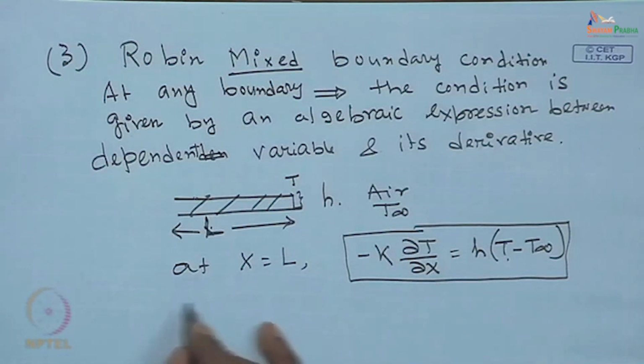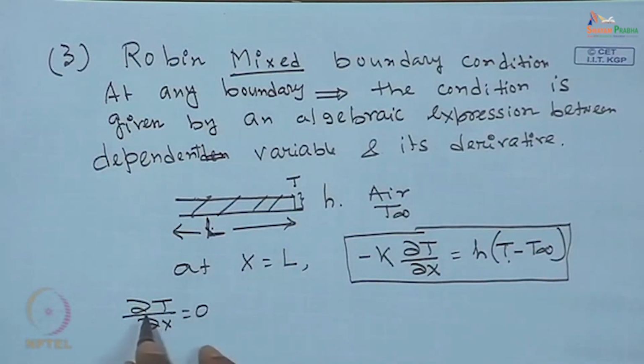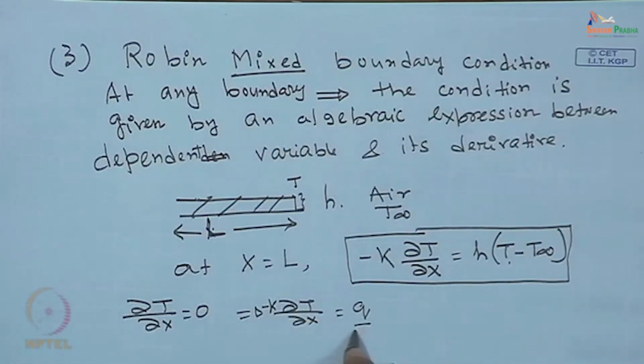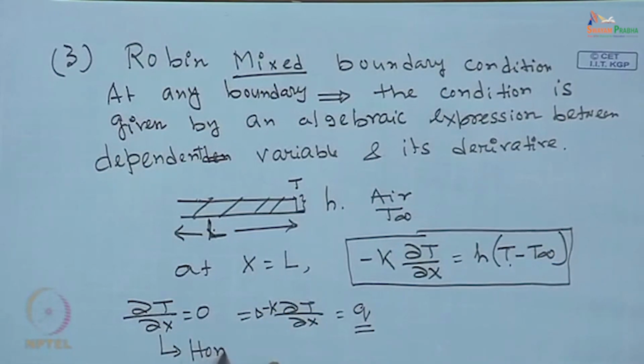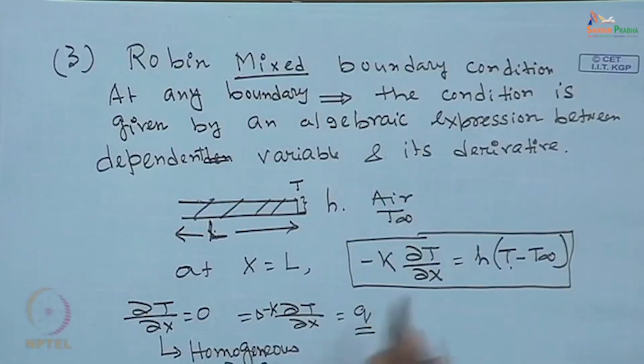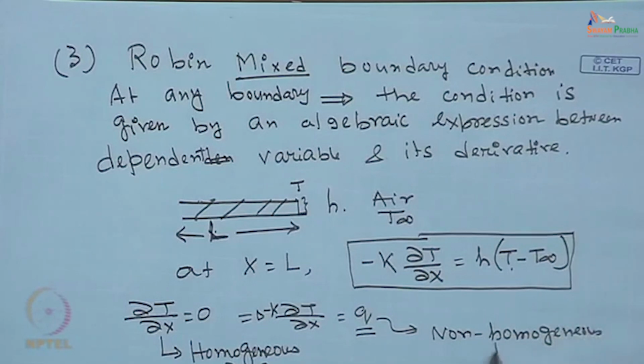Now, a case like del T del x is equal to 0 is a Neumann boundary condition. This is a homogeneous boundary condition. Similarly, if you have minus k del T del x is equal to q, then because of this term, this becomes a non-homogeneous boundary condition.